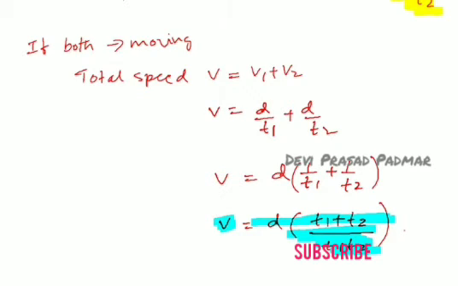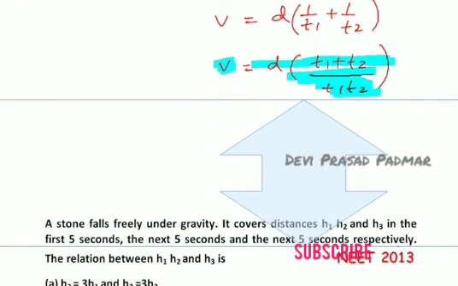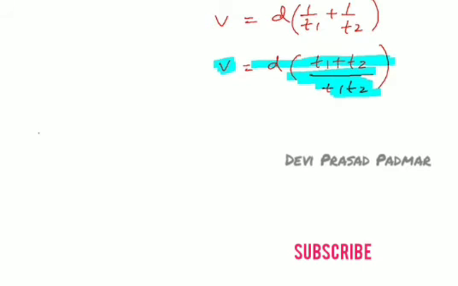Now what is our requirement? What is the total time required? So how to get the total time required when both are in motion?